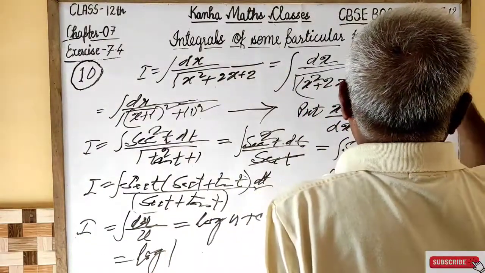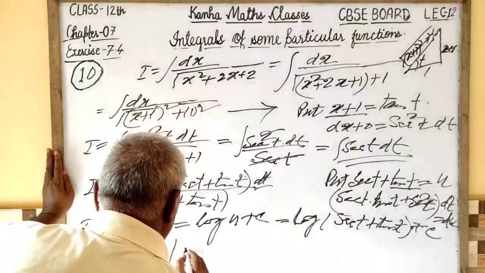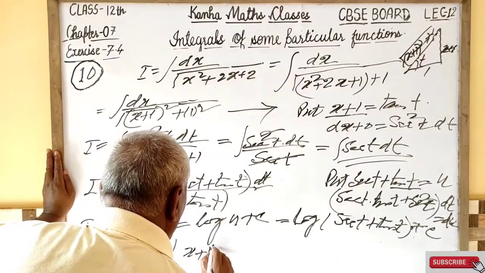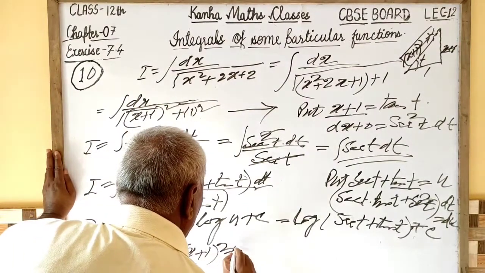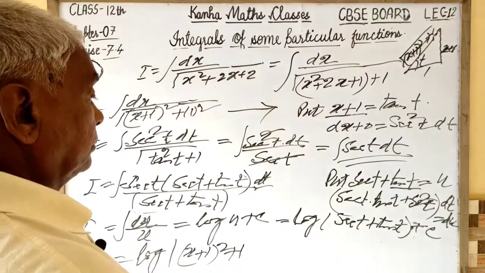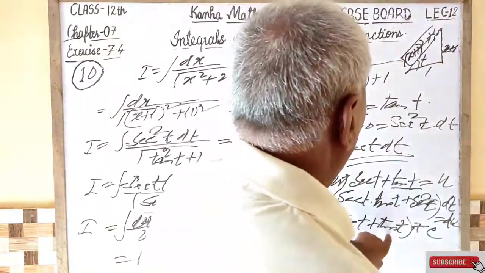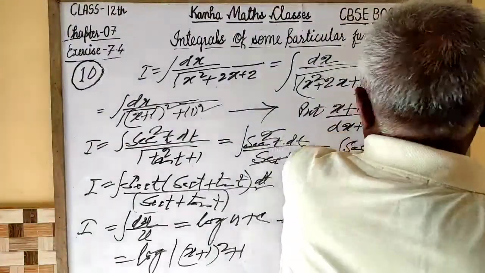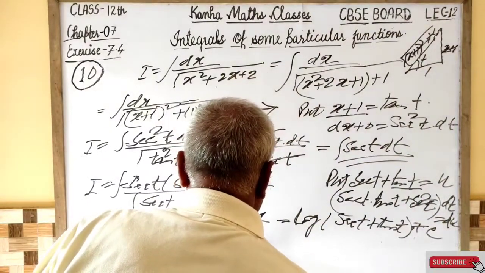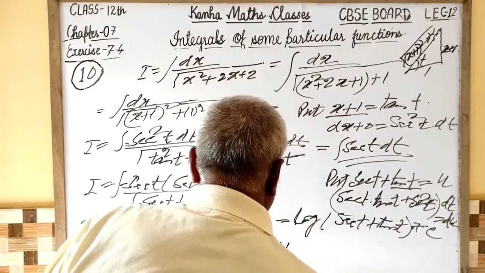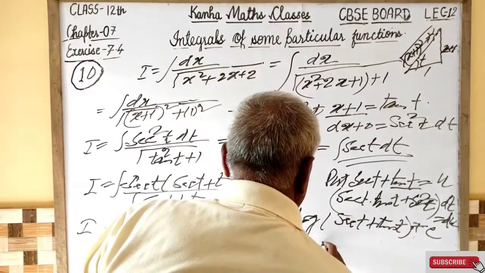This will become sec t, and what about tan t? Tan t means x plus 1 upon 1, x plus 1, plus c.